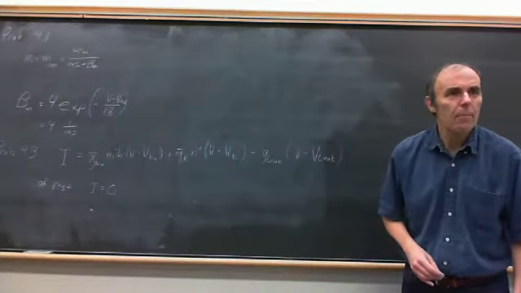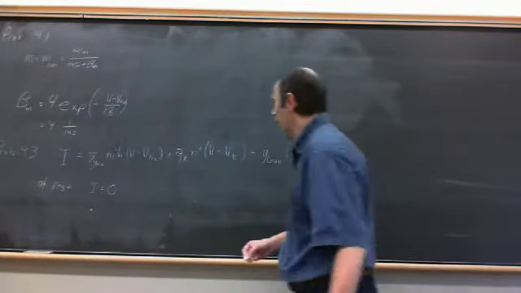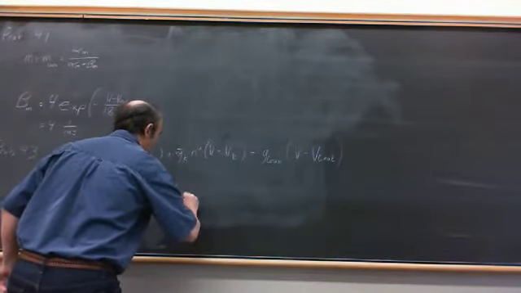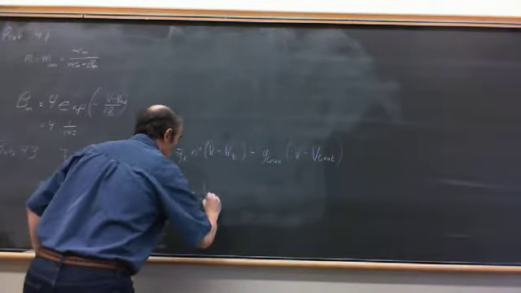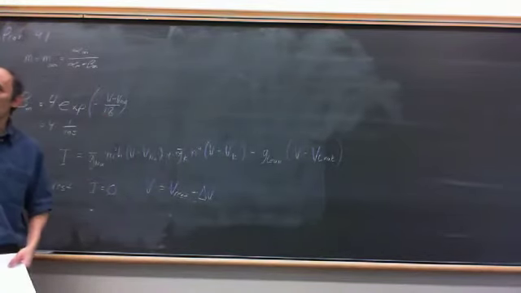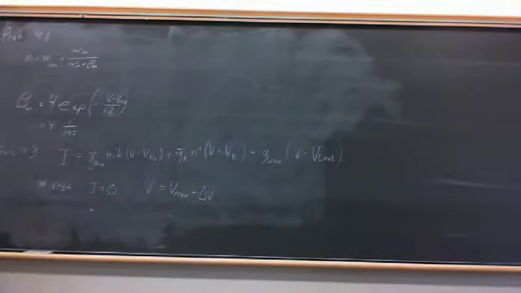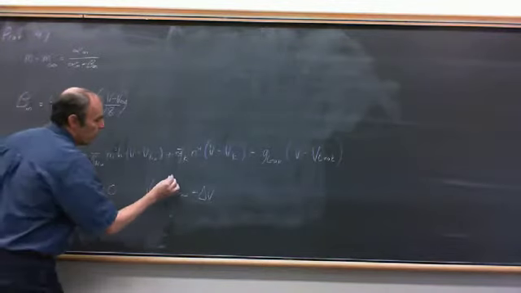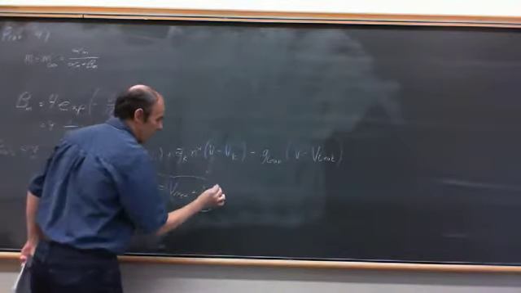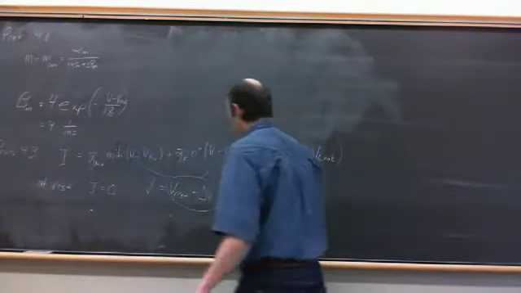Now, what happens if you take V to be the resting value plus some little delta V that represents a small deviation from rest? Well, you can put this in for V here, here, here.